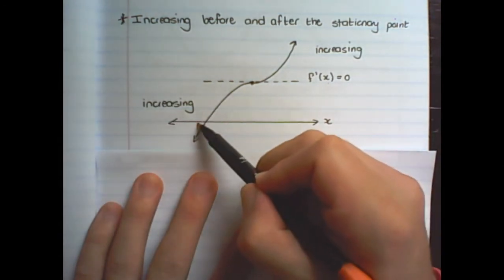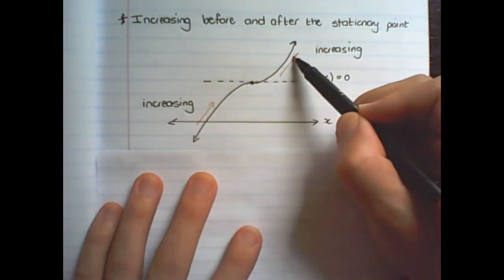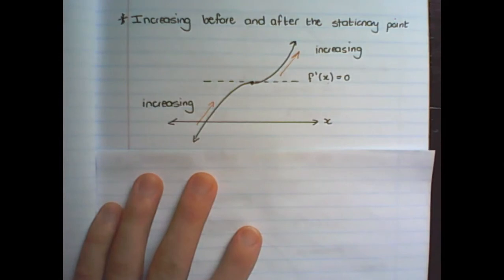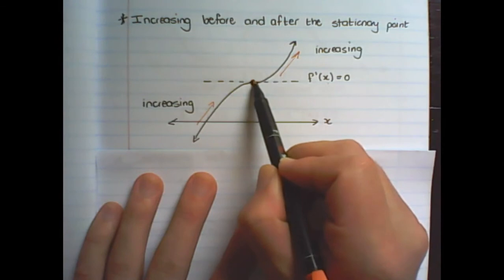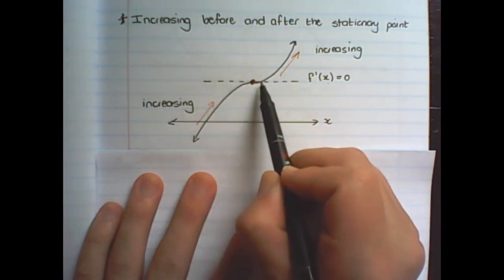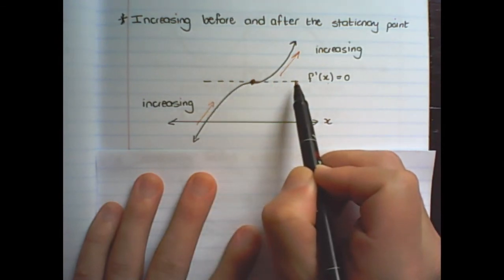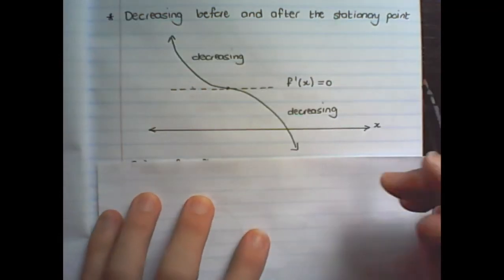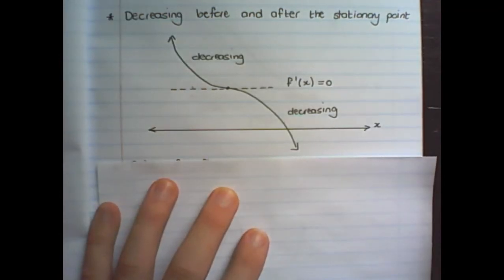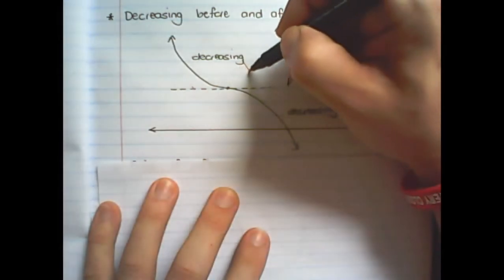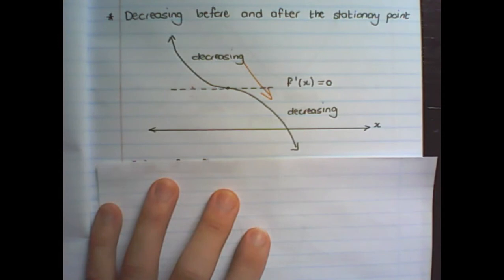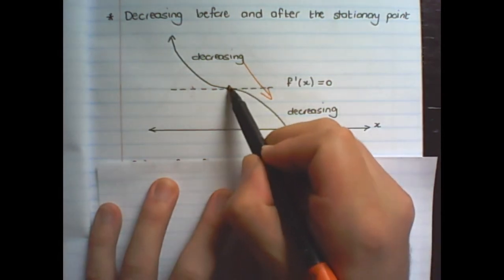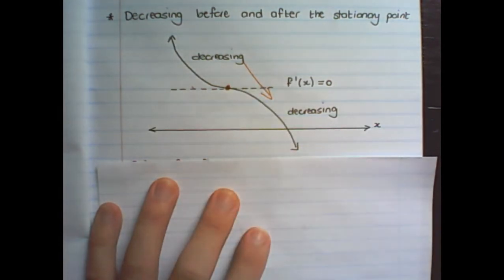And you can see from left to right that the gradient is ever increasing, except for this value right here, where the gradient would be equal to 0. That then also means that we can have a function that is decreasing before and after the stationary point. And remember, at the stationary point, the gradient is equal to 0.